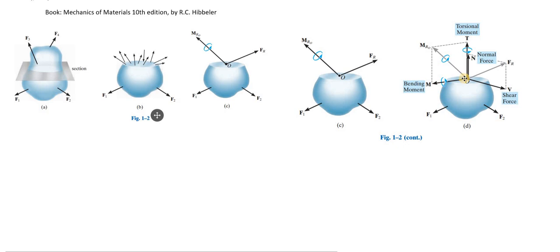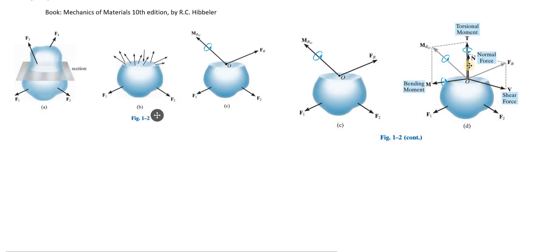Similarly, we can resolve this resultant moment vector into two components. One perpendicular to the cross section, normal to the cross section, and the other tangential to the cross section. Now, as far as the components of Fr are concerned, the normal component is called normal force, and the component which is tangential to the cross section is called shear force.